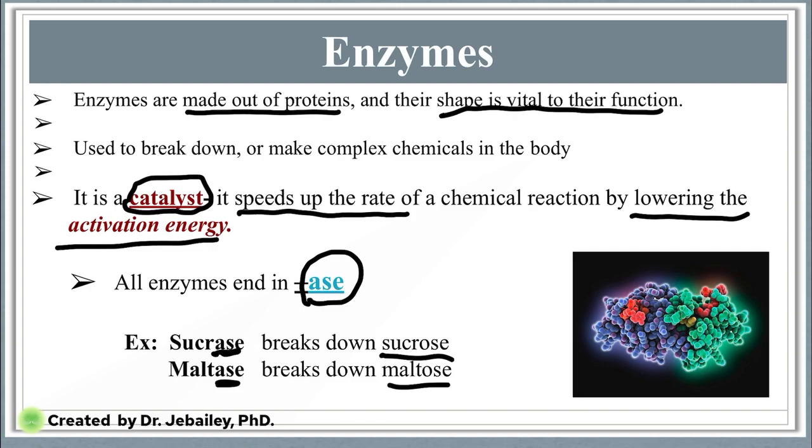And nuclease breaks nucleic acids. Now, there are exceptions like pepsin, which doesn't end in "ase," and that breaks down proteins in your stomach, but most of the enzymes end with "ase": lactase, maltase, sucrase, and it keeps going. So in the test, if you have a multiple choice and they're asking for a certain enzyme, if you see "ase" at the end, you know it's exactly an enzyme.